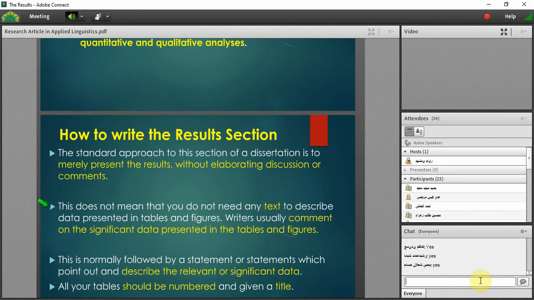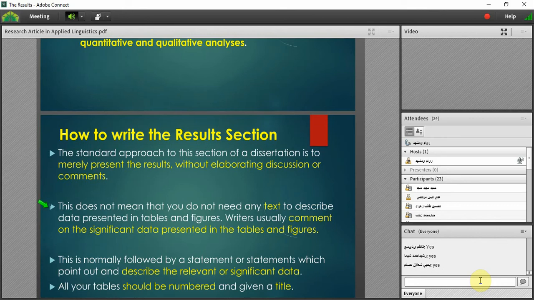But when we say that there is no need for discussions or elaboration, it doesn't mean that you do not need any text. Yes, you need some text to describe the data presented in tables and figures. Writers usually comment on the significant data presented in the tables and figures. I will show you a lot of examples.